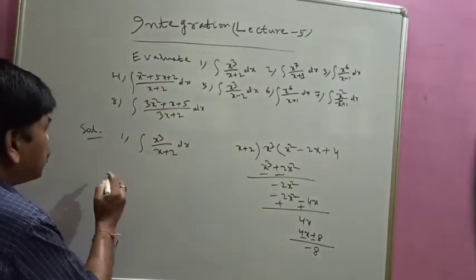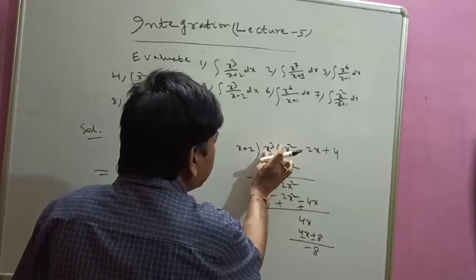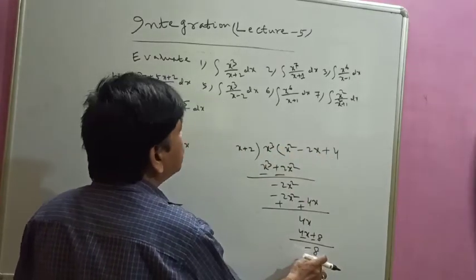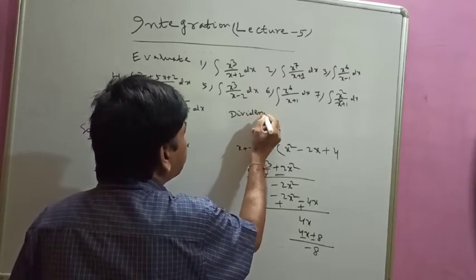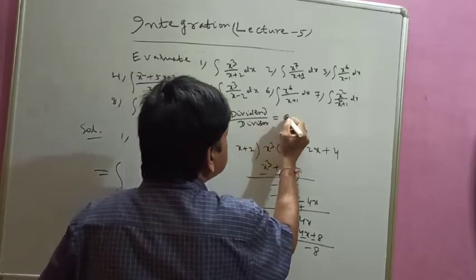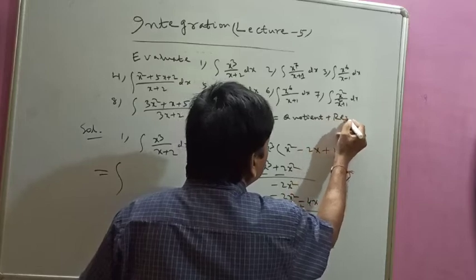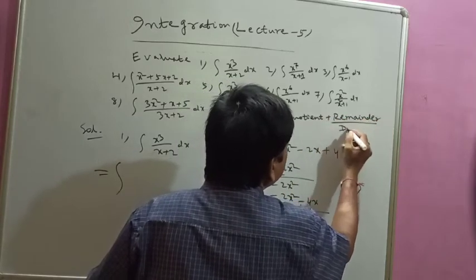So what I have told you, you write dividend by divisor. This is dividend, this is divisor, this is quotient, this is your remainder. So dividend by divisor is equal to quotient plus remainder by divisor. After writing like this, then easily we can integrate.